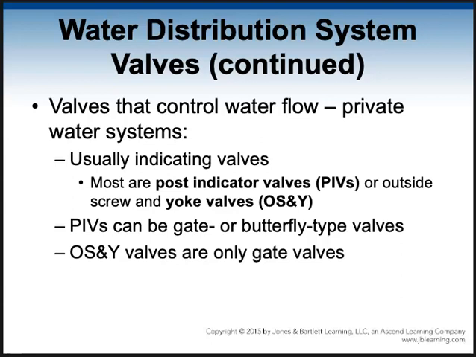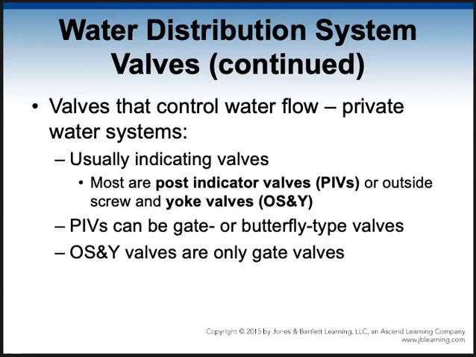But a lot of times we see OS&Y valves. I'll show you a picture of an OS&Y in a second. But in an OS&Y, there's a big stem that sticks up. If it is open, the stem is up. That means the valve is up and the water can flow through the pipe. If the stem is down, that means it's closed, because the gate has slipped down into the pipe and obstructed the pipe from flowing.